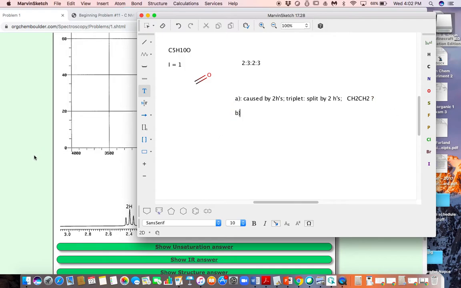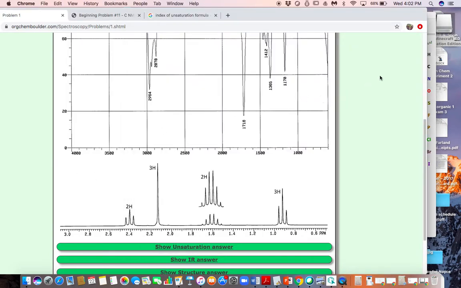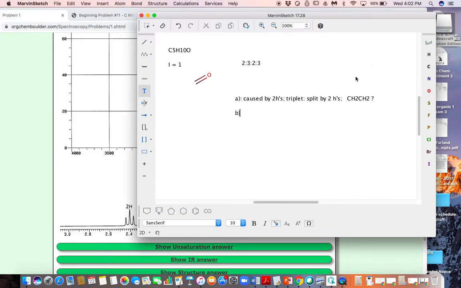All right, then I'm going to look at signal B. Signal B is caused by three H's, and that's a singlet. And if you guys remember, if something is a singlet, it is unsplit by anything. All right, and that means it's too far away from anything else to have it split.